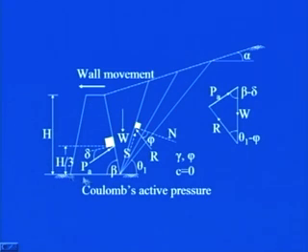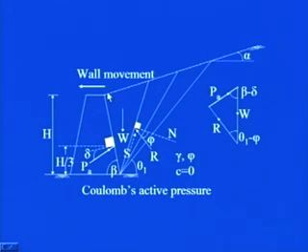So, you see here, this is a wall, its movement is in this direction, this is the backfill, this is the existing ground surface, and this soil is the backfill. You see the wall movement is away from the backfill. Because of that, the soil will form a triangular wedge.